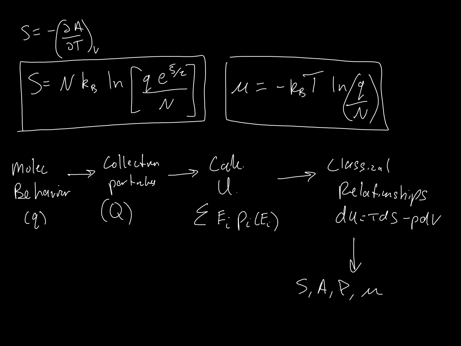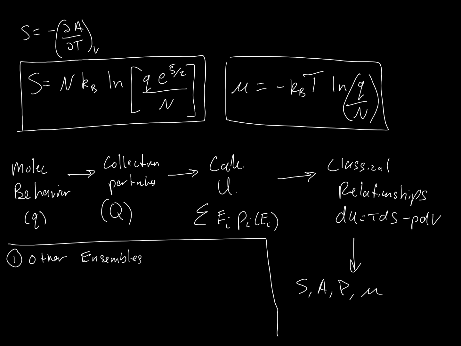So where do we go from here? Atomic gases, that'll be a soon step. The next step actually we'll take is other ensembles. This is the next thing we're going to cover.